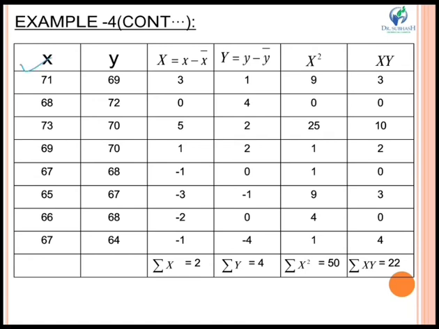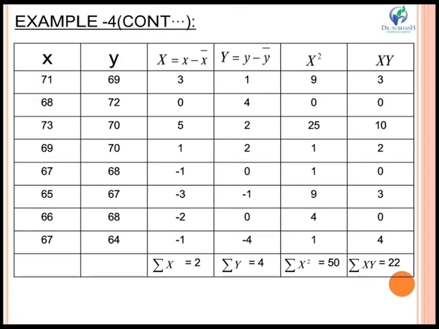See, these are the values of x and y, which are obviously larger. So what we will do is find capital X and capital Y. We will subtract all these values of x from 68 because x bar is 68, and similarly we will subtract y bar from all the y values.